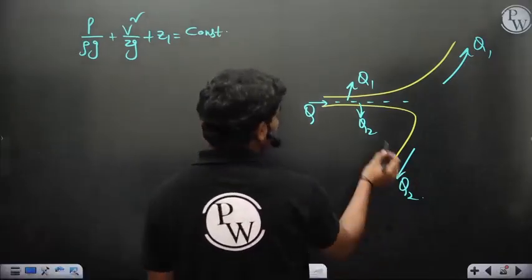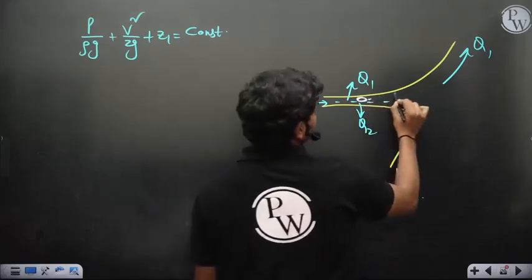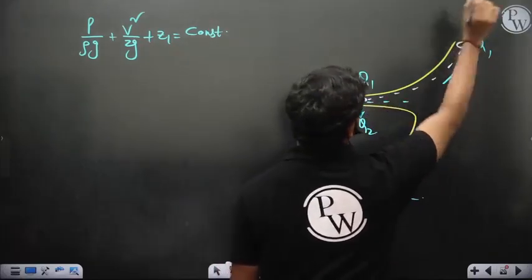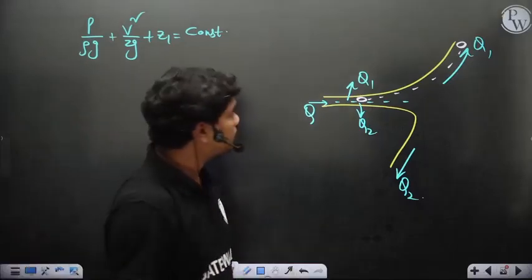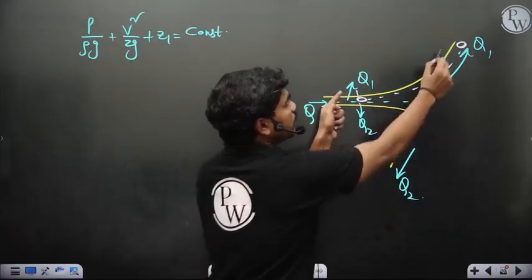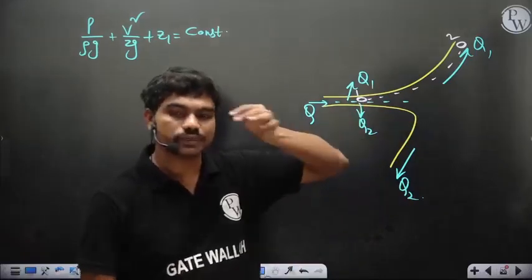If you take a small chunk of fluid here, this volume will travel all the way till here and it leaves. When this system is open to atmosphere, is there any pressure difference between this point 1 and this point 2? Someone has asked me why velocities are same, so please answer.